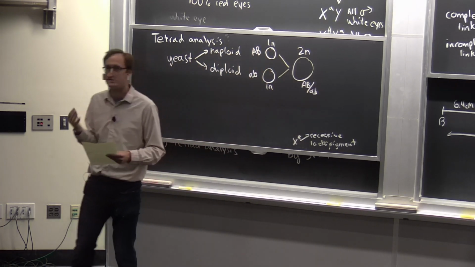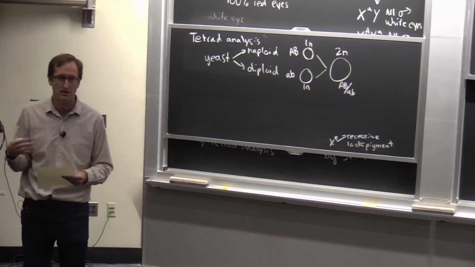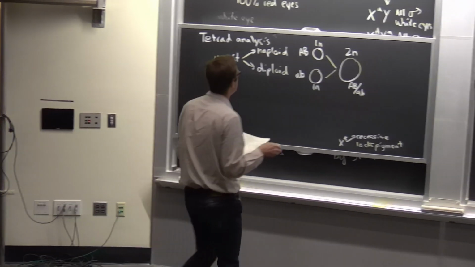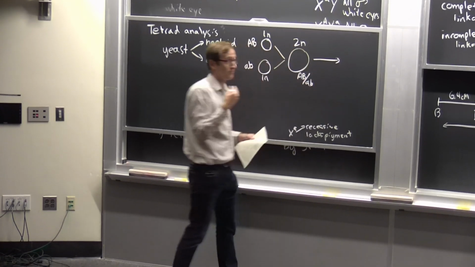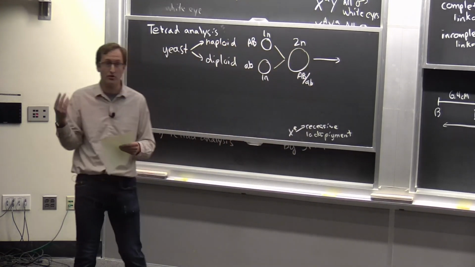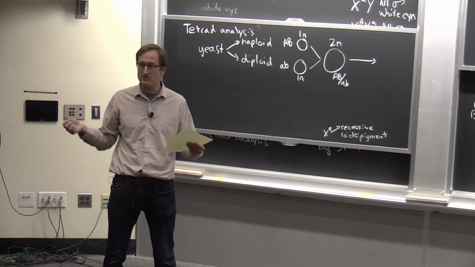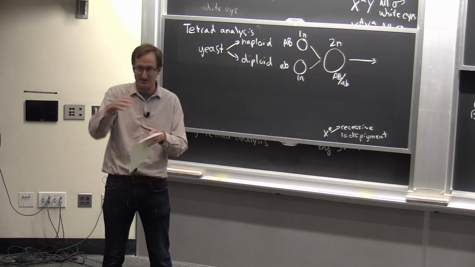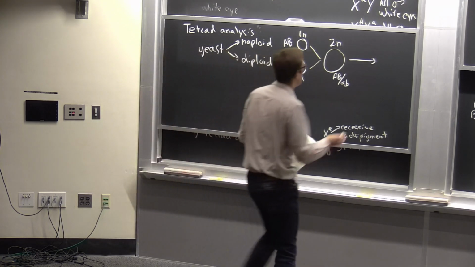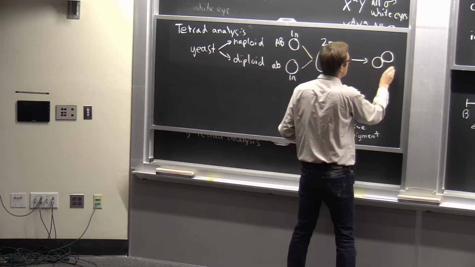And what's great and special about yeast, and why I'm telling you about this, is because as opposed to flies and us and other organisms, the product of a single meiosis is packaged in this single package, if you will.